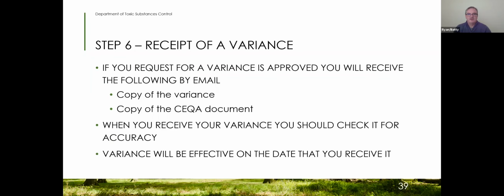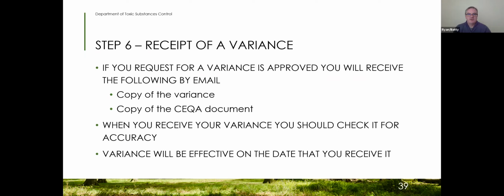Okay, so if your request for a variance is granted, you will be notified by email, and we'll provide you with a copy of the variance document and also a copy of the CEQA document that the department prepared for the discretionary decision to issue a variance. CEQA stands for the California Environmental Quality Act.